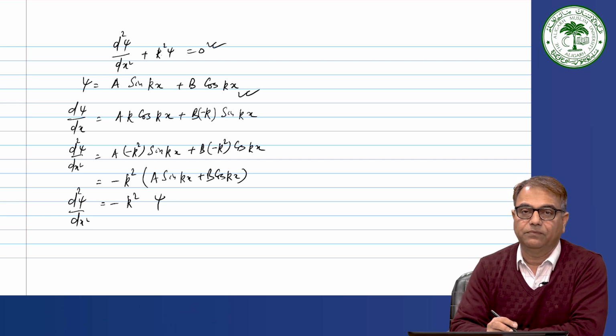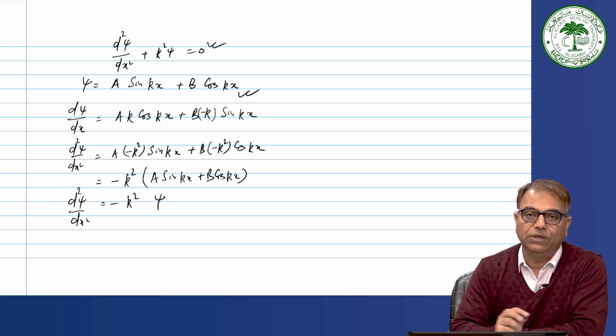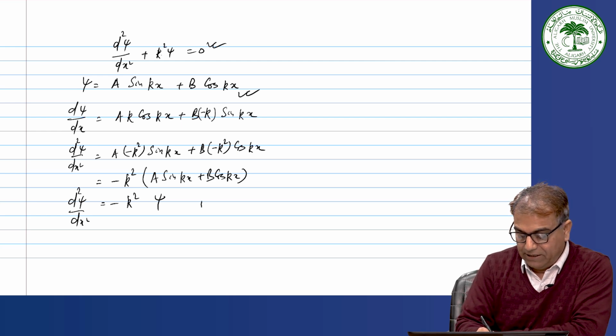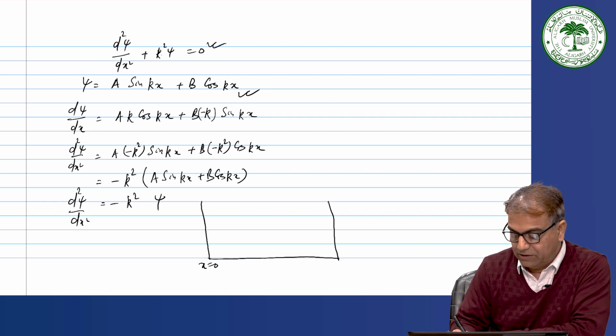So, this differentiation tells you that one of the possible solutions of this equation is a sin kx plus b cos kx. In contrast to the previous one, where I said that we do not have any boundary condition, here we have a boundary condition, that the particle in a one dimensional box can move between the limit x is equal to 0 to x is equal to a.